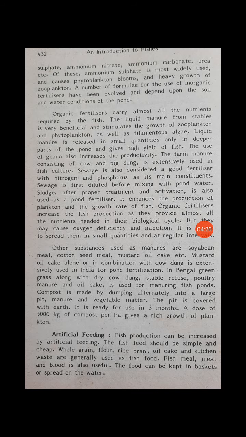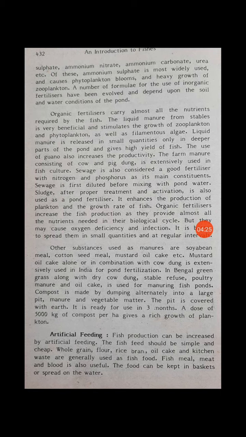Then other substances used as manures are soybean meal, cottonseed meal, mustard oil cake, etc. Mustard oil cake alone or in combination with cow dung is extensively used in India for pond fertilization. In Bengal, green grass along with dry cow dung, stable refuse, poultry manure and oil cake is also used for manuring fish ponds.